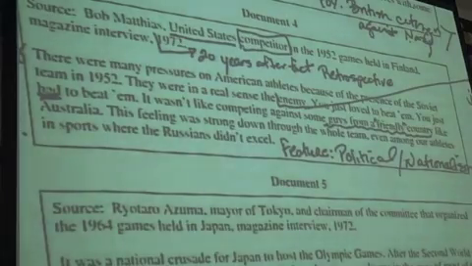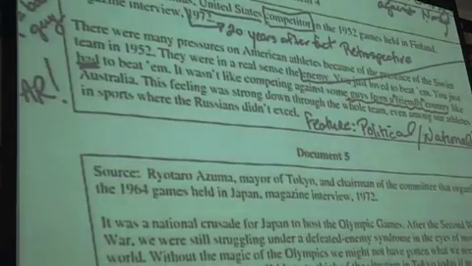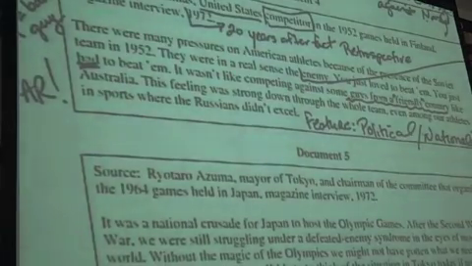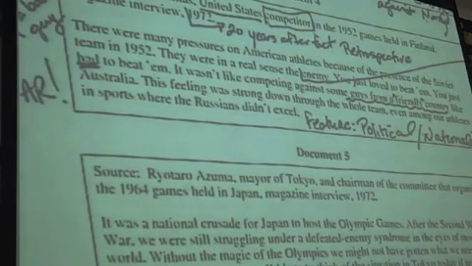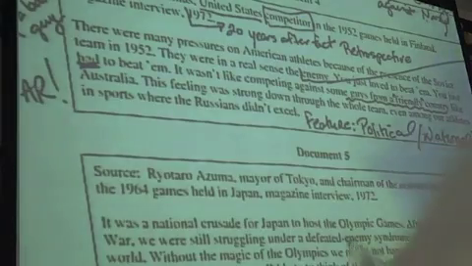Let's go through this and let's look at Doc 5, and let's take that apart. What do you have? Let's see, it's Ryotaro Azuma, mayor of Tokyo and chairman of the committee that organized the 1964 games held in Japan, in a magazine interview in 1972.